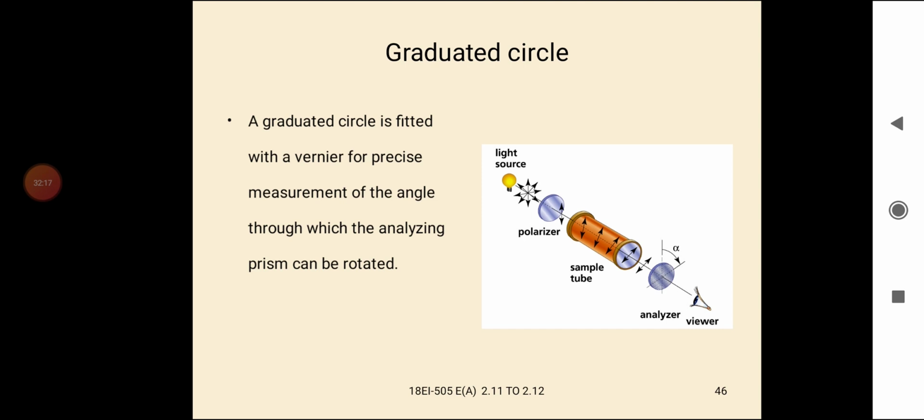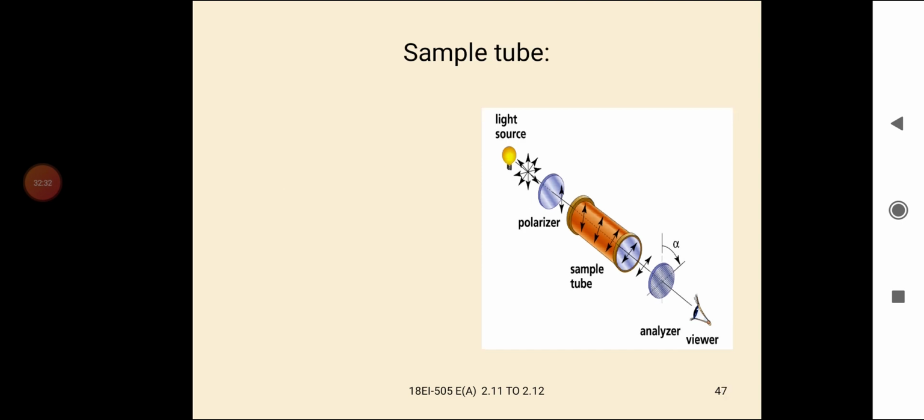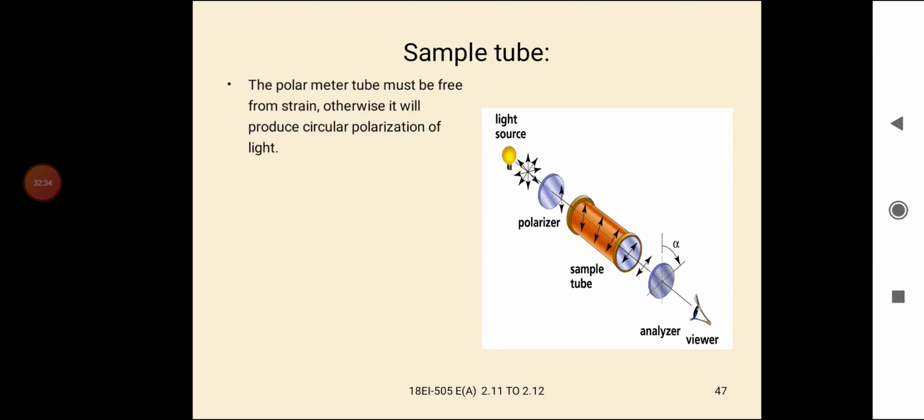Graduated circle. A graduated circle is fitted with a vernier for precise measurement of the angle through which the analyzing prism can be rotated. Sample tube. The polarimeter tube must be free from strain, otherwise it will produce circular polarization of light.